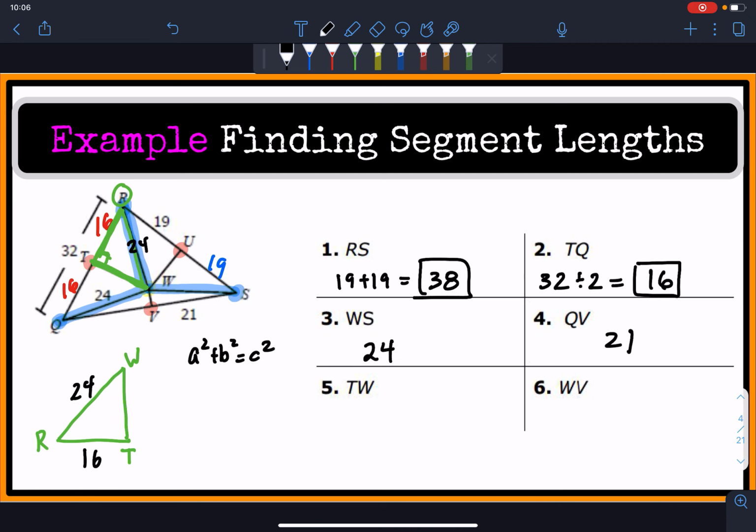Where this again is my 90-degree angle, and opposite of my 90-degree angle is letter C. So we have our point A, our point B, and we're going to figure out again the value of variable B, by plugging in 16 for the letter A. B is going to be my unknown, and 24 for the letter C.